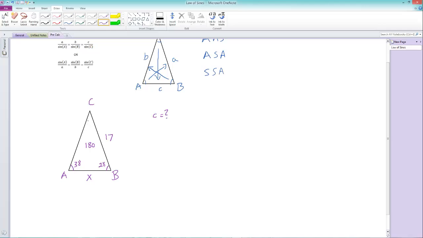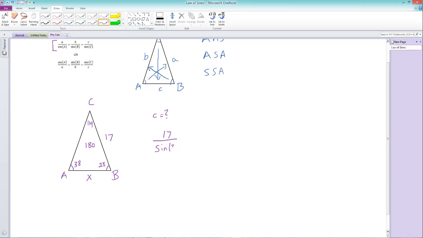We know that the measure of side a is 17 over the sine of angle A, which is 38, is equal to x over the sine of 114.